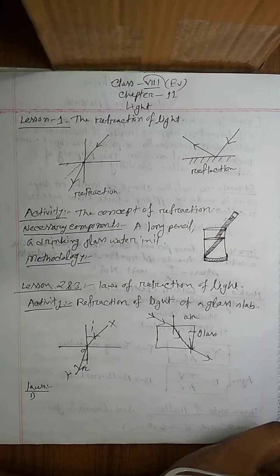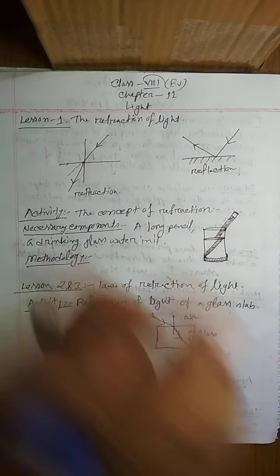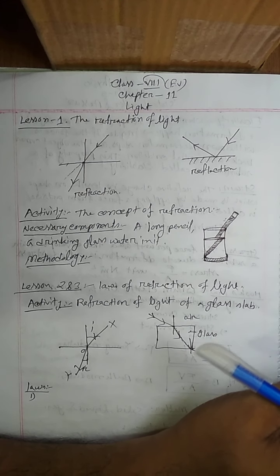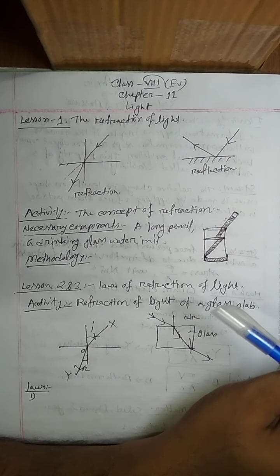The incident ray, the refracted ray, and the normal drawn at the point of incidence on the surface separating the two media all lie in the same plane.